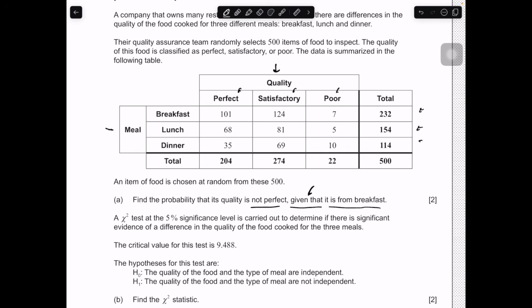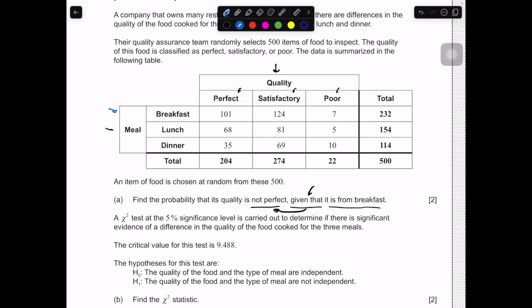So often the case, we should read these from back to front. So we've got 500 pieces of food, given that it's from breakfast. So here we are looking at our breakfast right here. Given that we sampled something from our breakfast menu, I suppose.